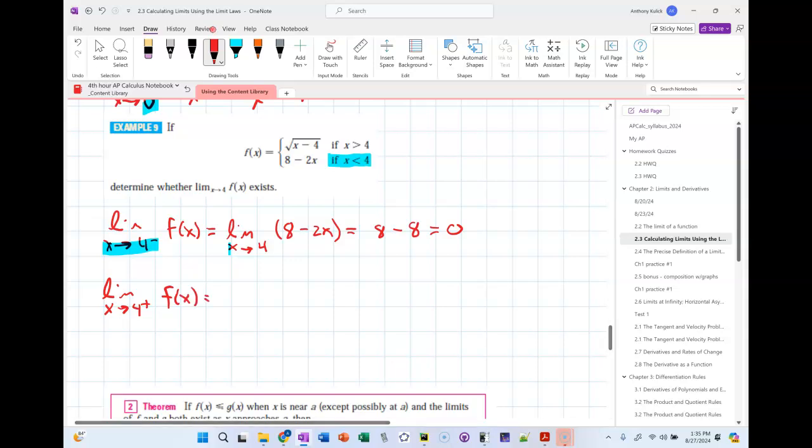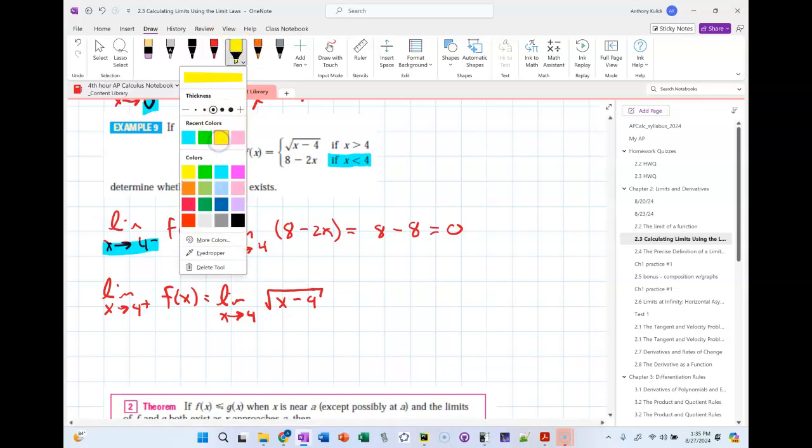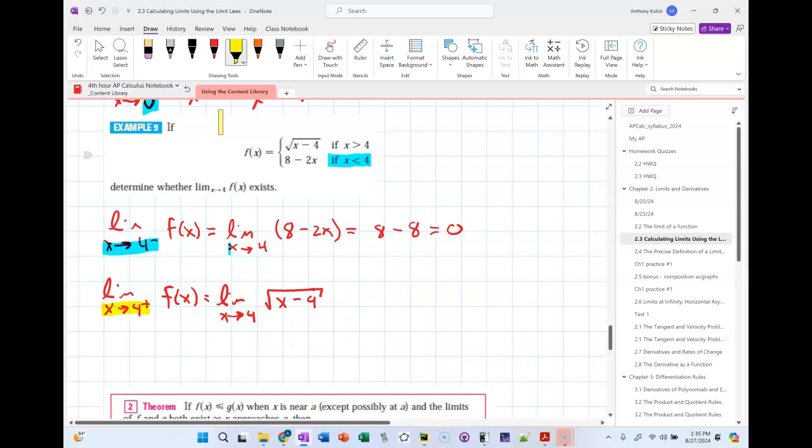If we do the right-hand limit, that's going to equal the limit as x approaches 4 of square root x minus 4. The same reason, right? Everybody's cool with that?